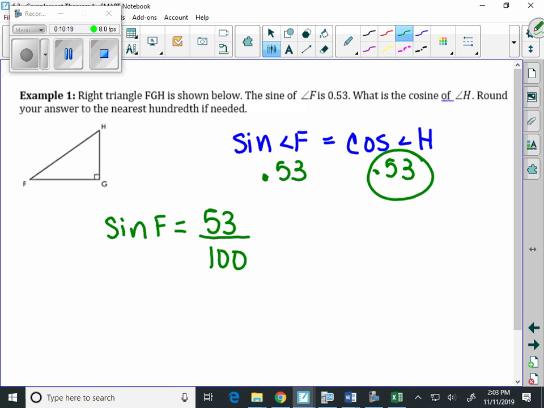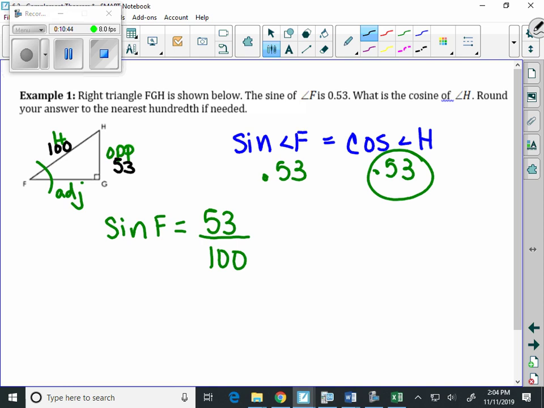So we're looking at angle F here, and as we label, across from the right angle is the hypotenuse. Across from angle F is the opposite, which means that our remaining side is the adjacent. And when we fill that in, opposite divided by hypotenuse.